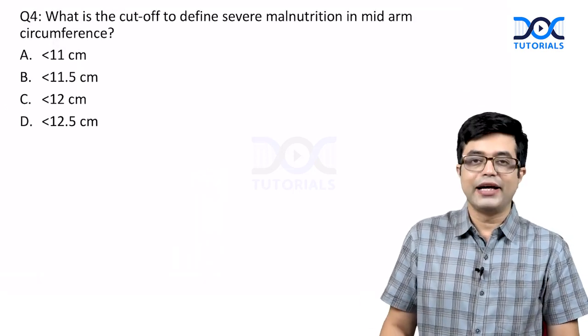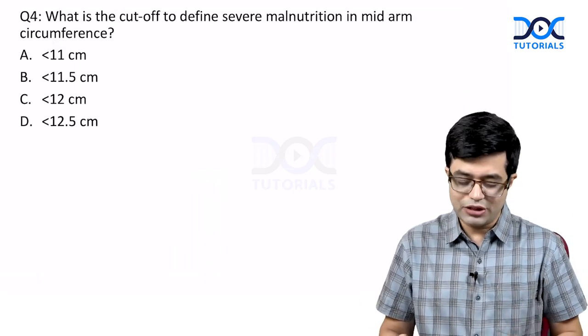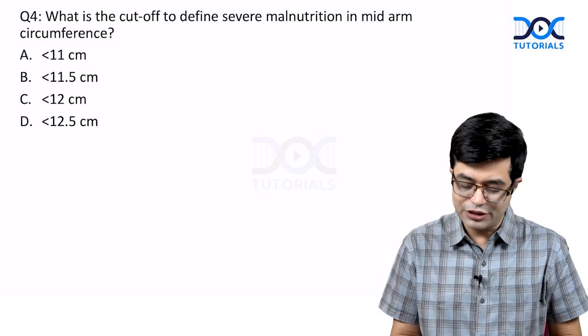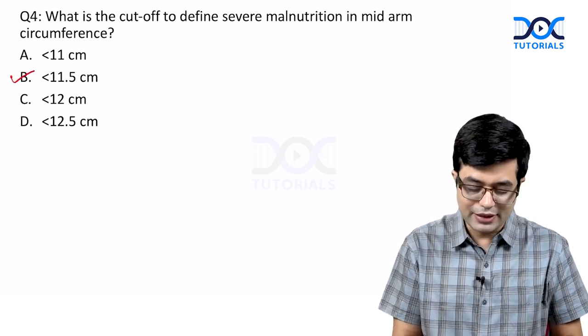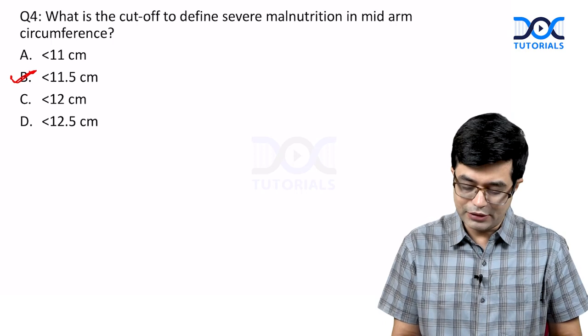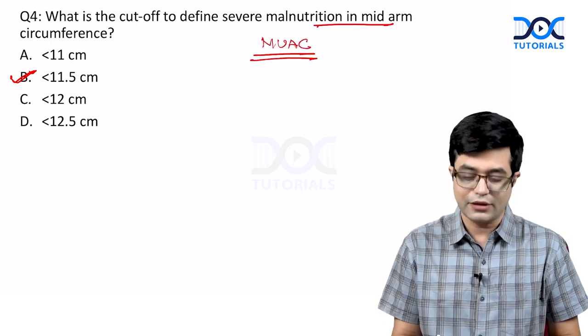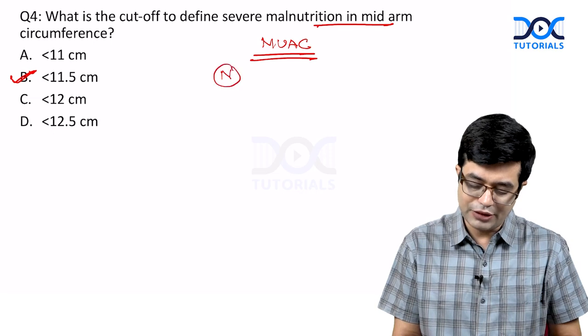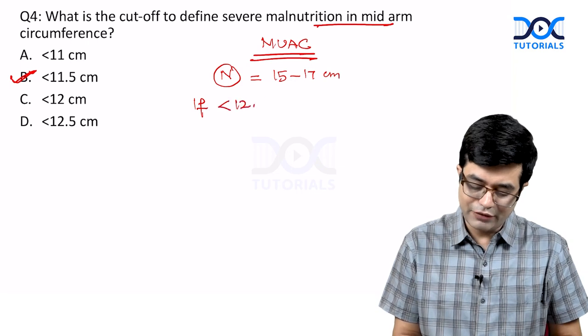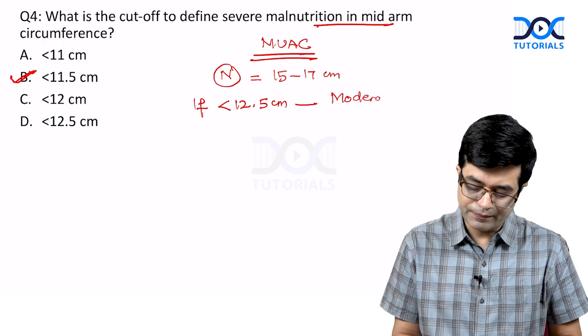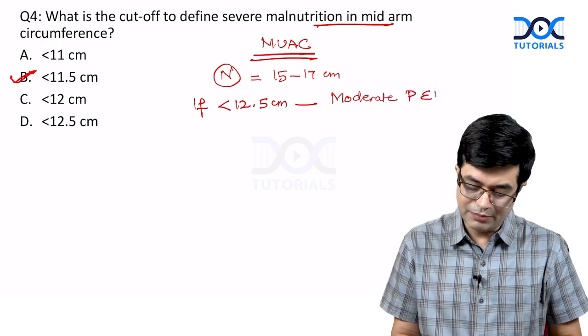Question number 4, again very frequently asked, a repeat question. What is the cutoff to define severe malnutrition in mid-arm circumference? It is less than 11.5. Remember, when you are checking mid-upper arm circumference, also called mid-arm circumference, the normal value in the patient is always 15 to 17 centimeter. If MUAC becomes less than 12.5 centimeter, that is called moderate undernutrition, also called moderate PEM.